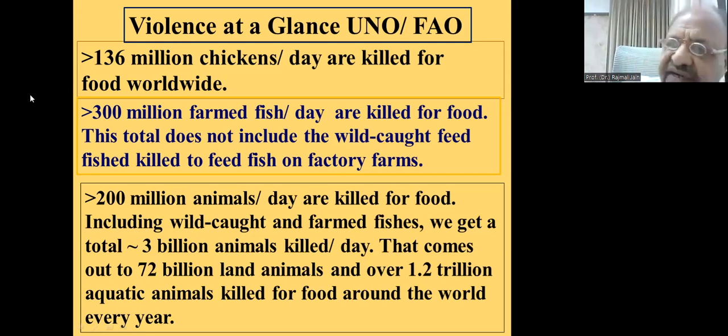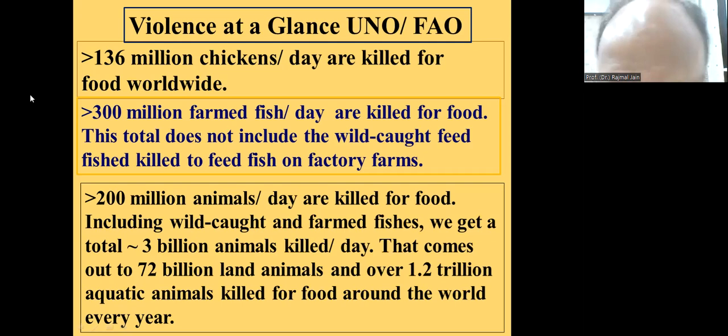And if you take the summation over the year, then you will be surprised to know that 3 billion animals are killed per day, if the whole target is taken, considering all kinds of animals, the chickens and all these things.